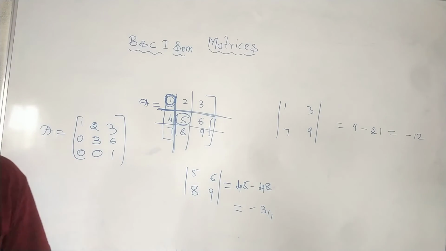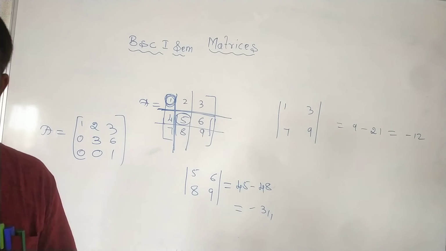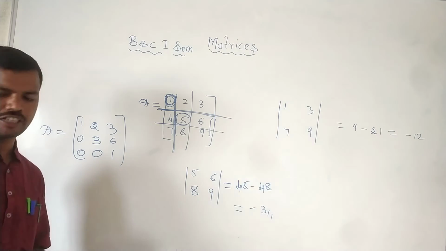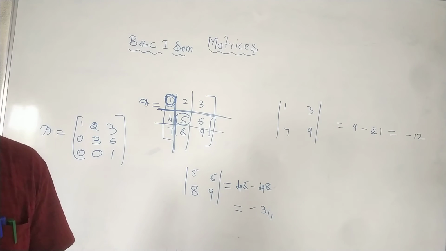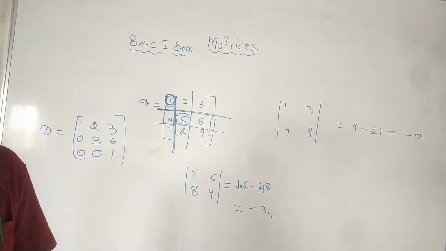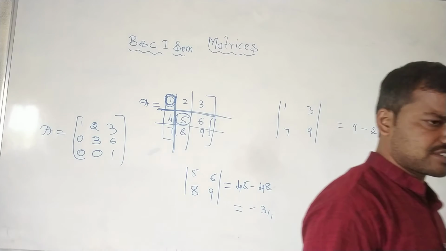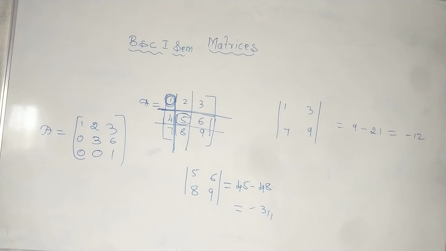There are different rules we have to follow for finding the rank by the elementary transformation method. After that we have to solve the system of linear equations. So this is about the matrix.